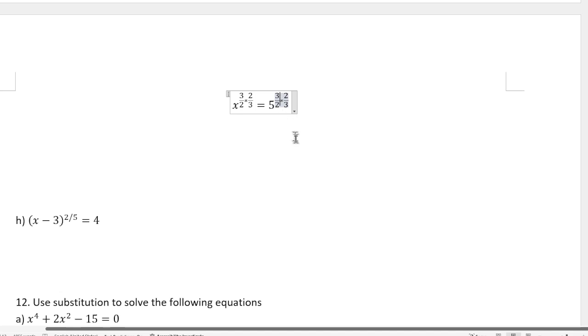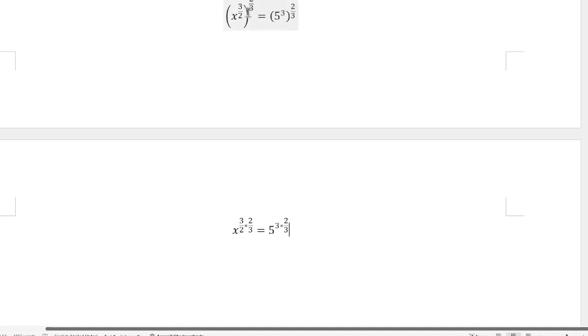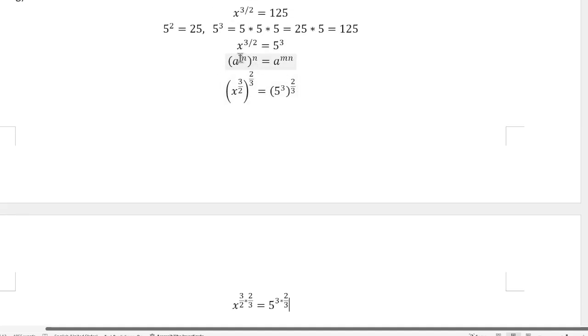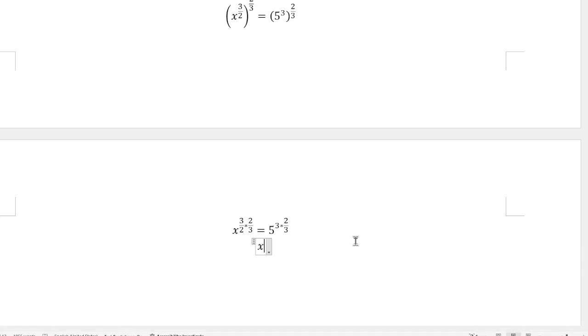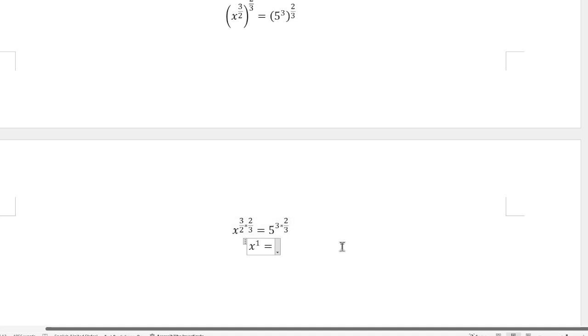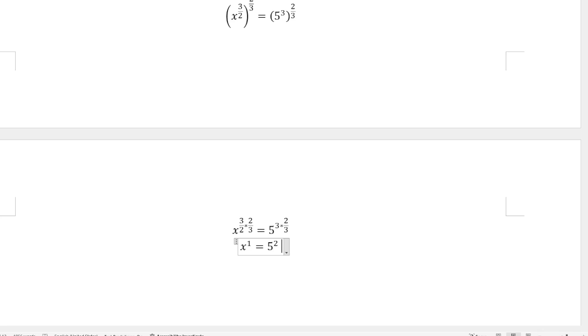Oh no, sorry, this wasn't 3 over 2. This is 3, right? Okay. I'm just using the previous formula, which says that these two must multiply, so I'm just multiplying the numbers. 3 over 2 and 2 over 3 are getting multiplied, and 3 and 2 over 3 are getting multiplied. On the left side, if you multiply any number by its reciprocal, it's 1. And on the right side, the 3 and 3 cancel, so you get 5 squared. And that would mean that x is equal to 25.